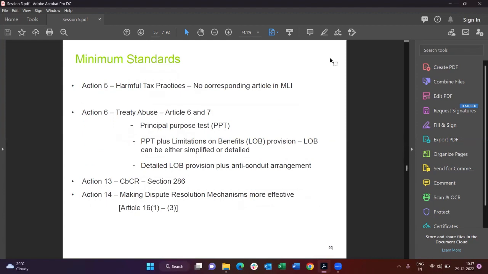These are the various action plans and corresponding articles which were amended. We will see these articles in detail in our upcoming sessions. Thank you.